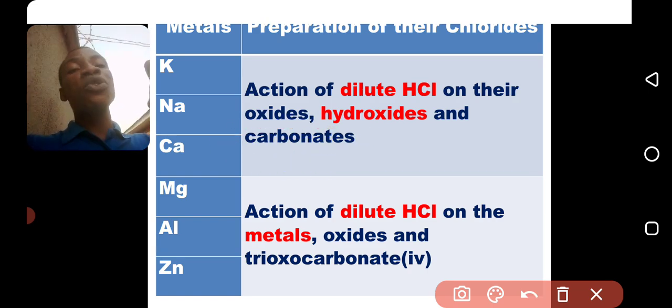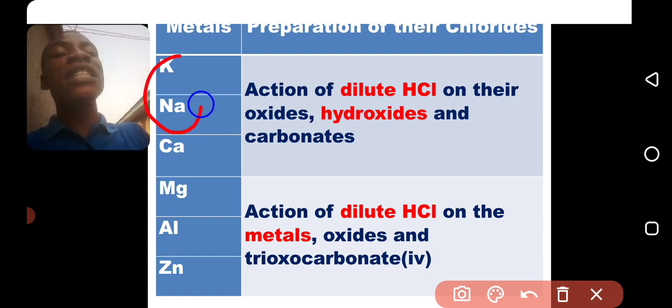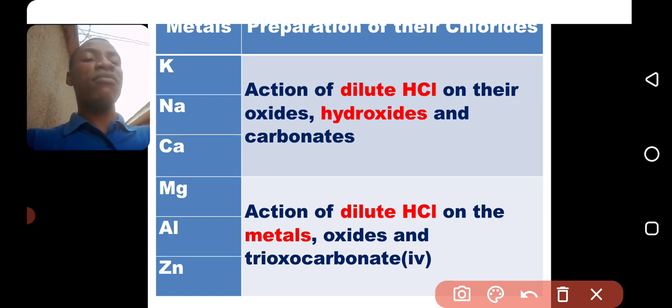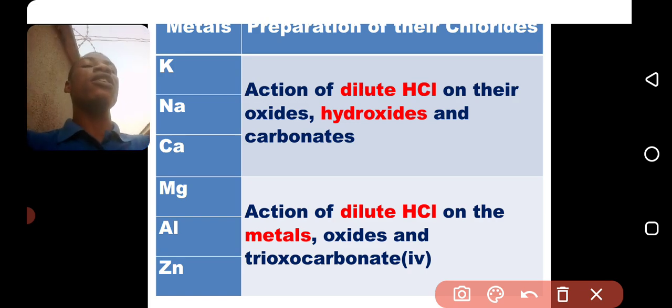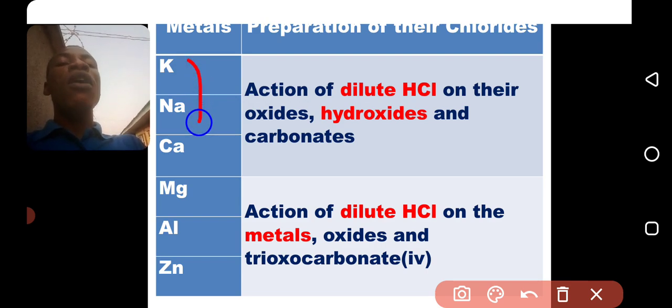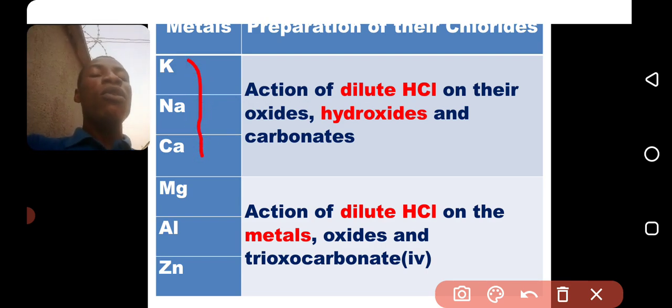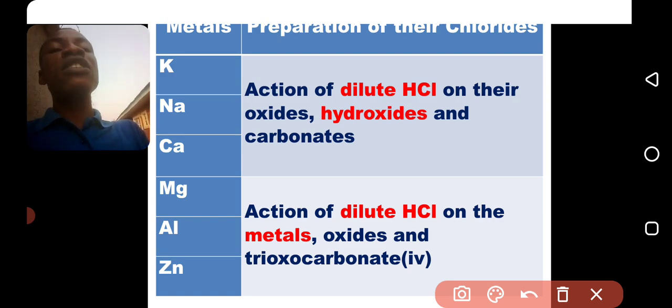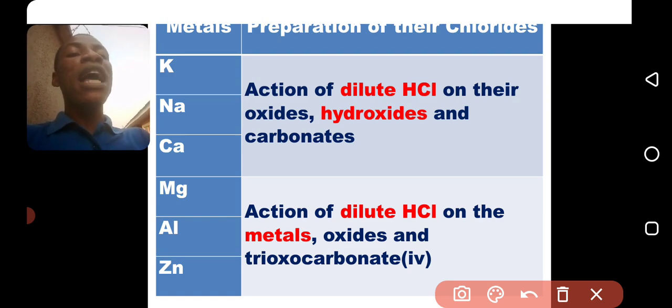Actually, it is dangerous to react these metals with acid because it will lead to an explosion. It's a very exothermic and very vigorous reaction. So here we can produce KCl, NaCl and calcium chloride by reacting HCl with their hydroxide, or with their oxide, or with the carbonate salt.